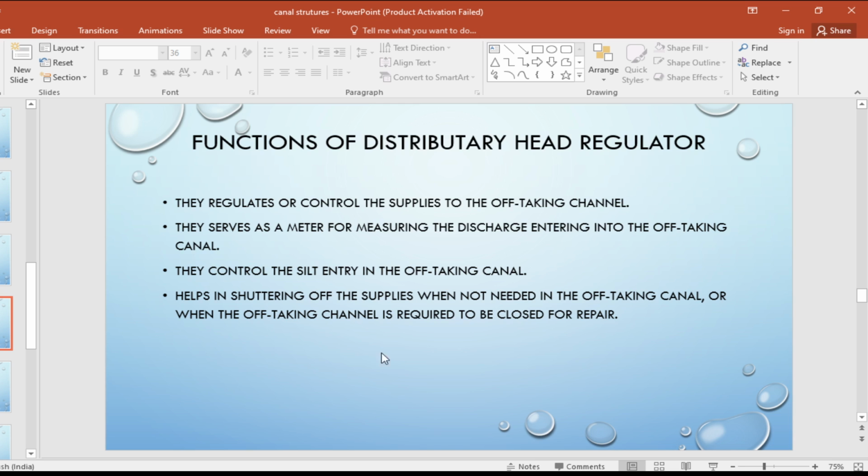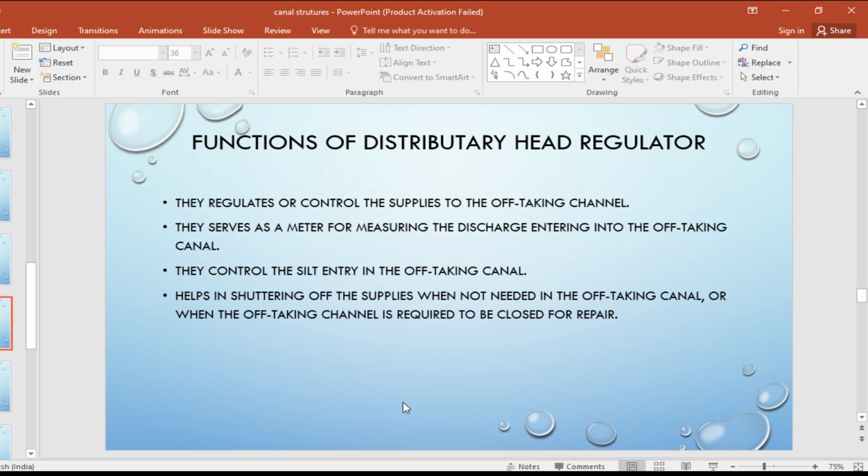Now the last is they help in shutting off the supplies when not needed in the off-taking canal, or when the off-taking canal is required to be closed for repairs.